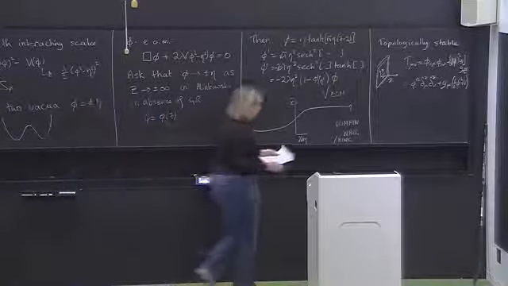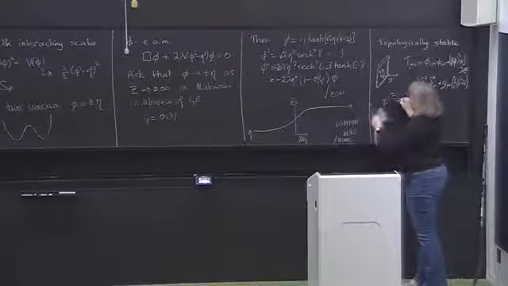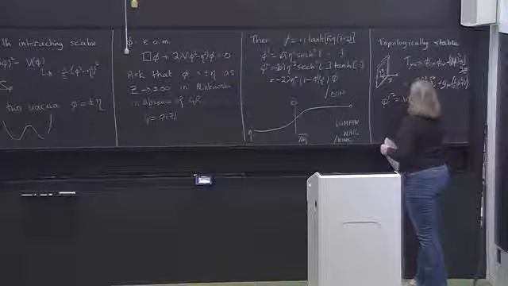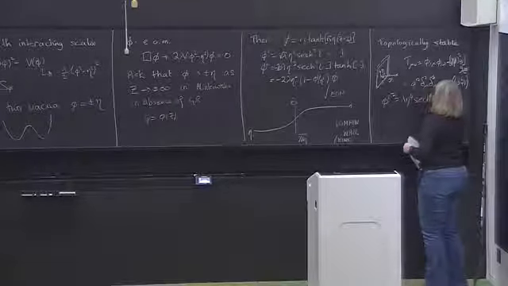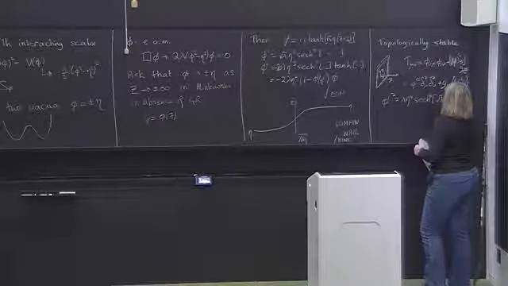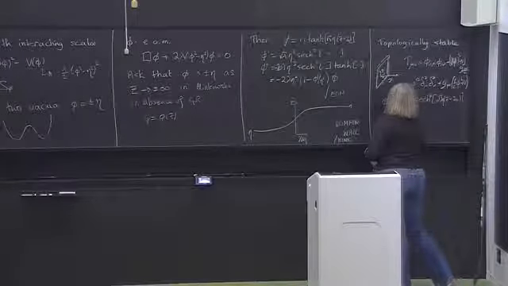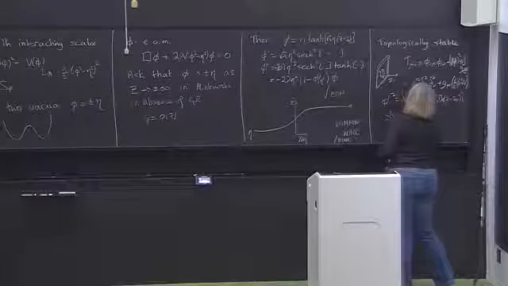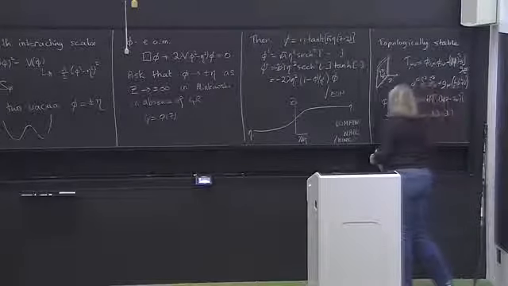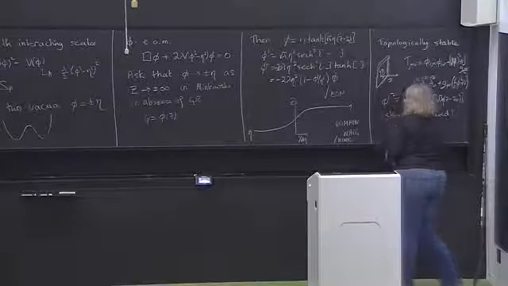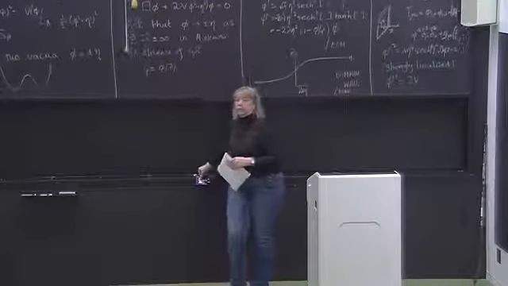And so if I put in what the phi prime squared is, it's very strongly localized, and actually it's equal to twice the potential for that solution.